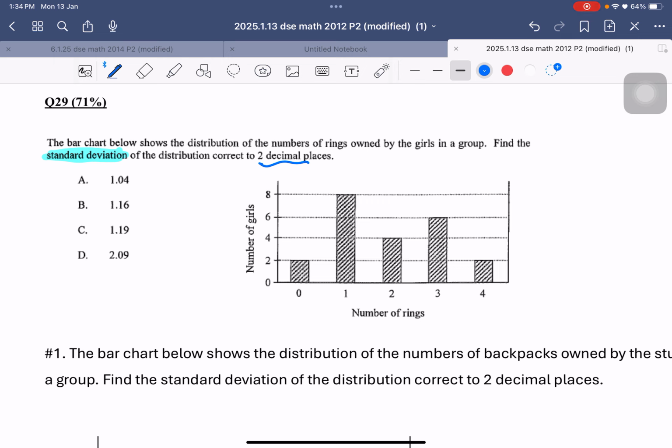So for this one is 0. How many girls is equal to what? 2 zeros. The girls who have rings which is 0, how many girls are there? 2. For this one we have 8, and then we have 4. So Ria, how do we use the calculator to solve this problem?